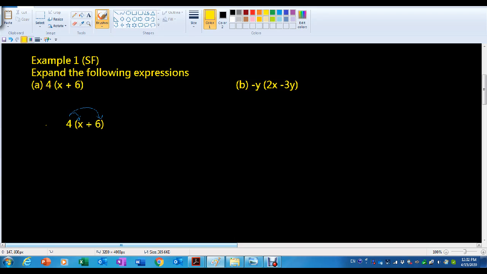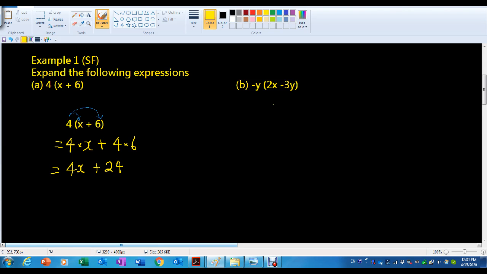So that's 4 times x plus 4 times 6. When you have 4 times x, normally we skip the multiplication sign and just write 4x, and 4 times 6 is 24. That won't be too difficult.